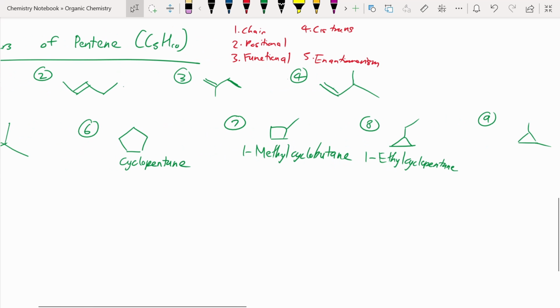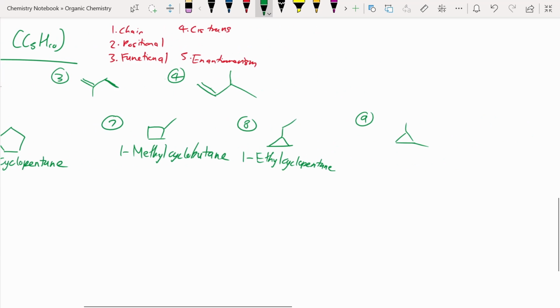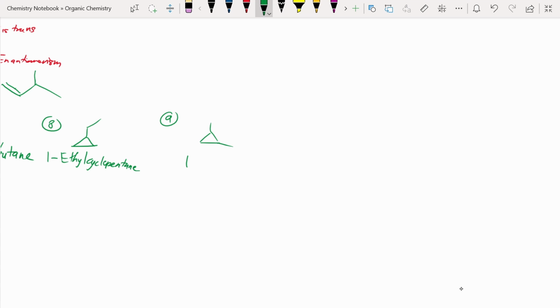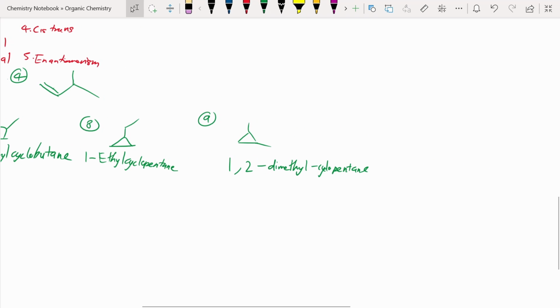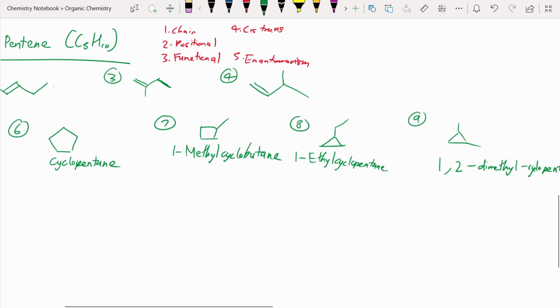So 1 methyl, 1, yeah, you can also add the number, and then for this case it is dimethyl, so you can have 1,2 dimethylcyclopentane. So these are all the constitutional isomers. Yeah, and you must be thinking about stereoisomers.